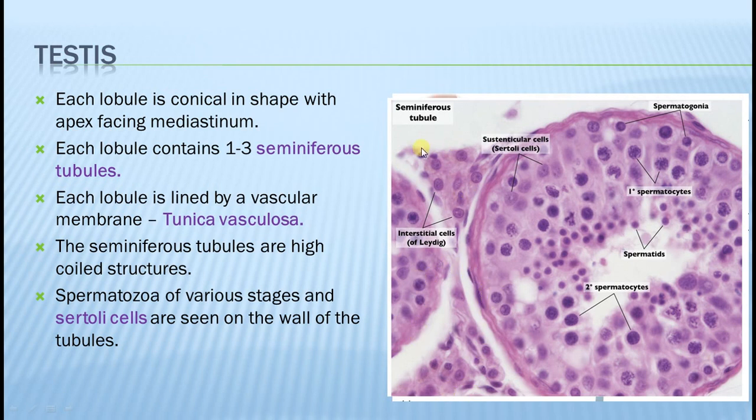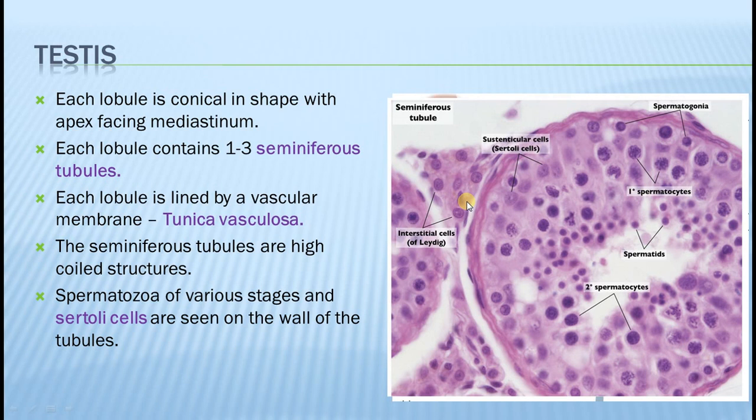In between or at the confluence of the seminiferous tubules, these areas are called the testicular interstitium. Interstitial cells of Leydig are present there. They secrete the testosterone. Usually in the fetus, interstitial cells are present, then slowly they disappear and again appear after puberty.